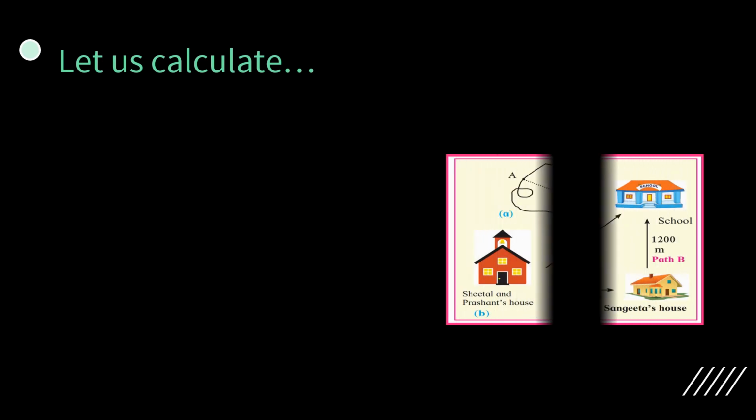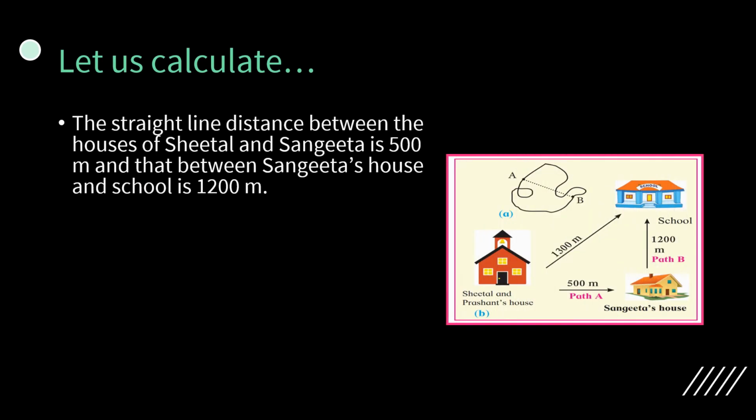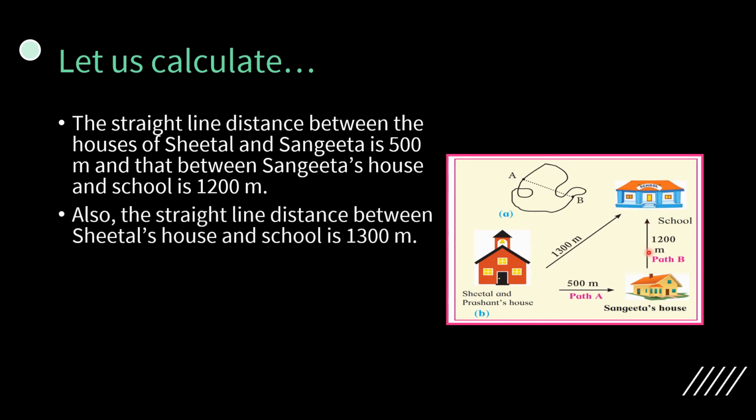Let us understand more about speed and velocity using some simple calculation. We are taking the same old picture. We know the straight line distance between the house of Sheetal and Sangeeta is about 500 meters, and between Sangeeta's house and the school is about 1200 meters.